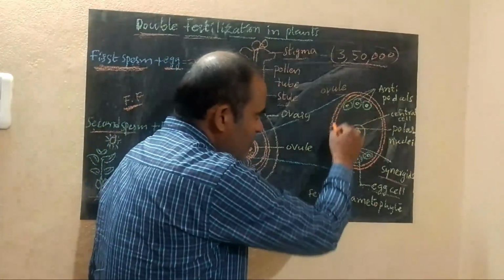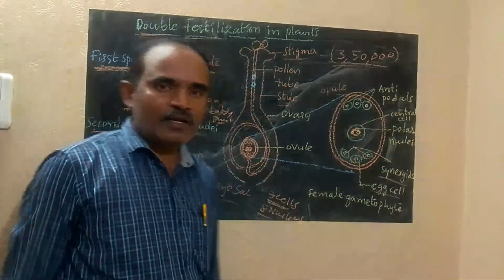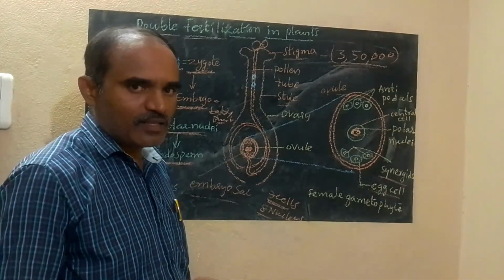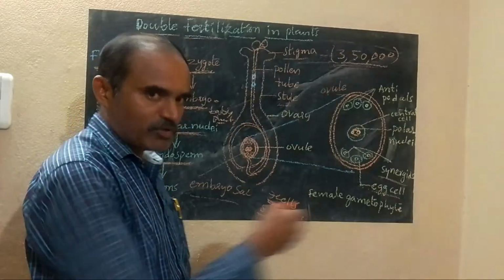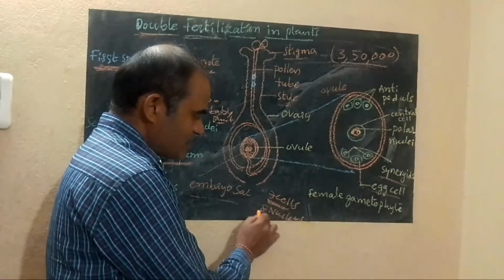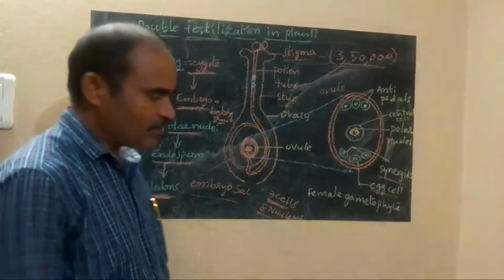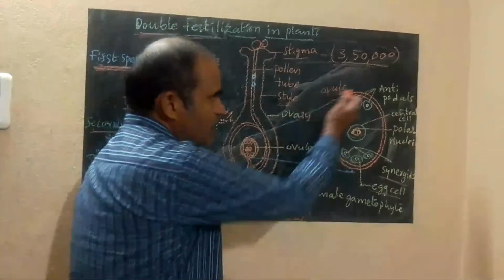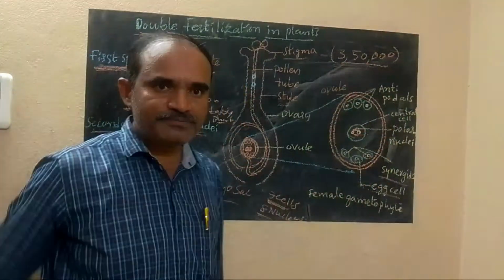Inside the ovule there are many gametophytic cells: 7 cells and 8 nuclei. This structure is called the ovule.